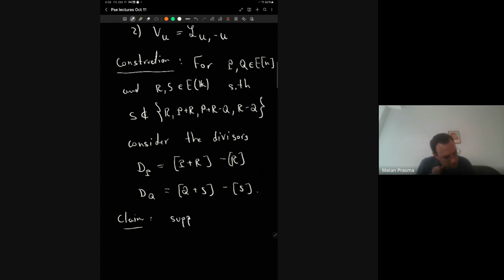The support of d_P intersection the support of d_Q is the empty set.